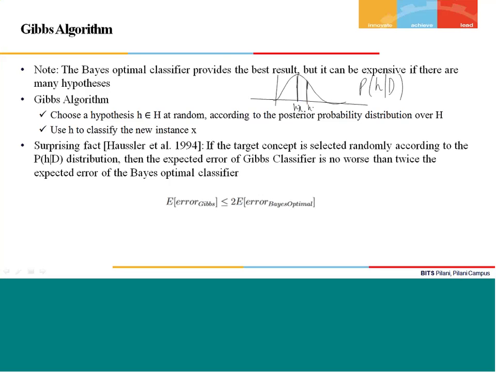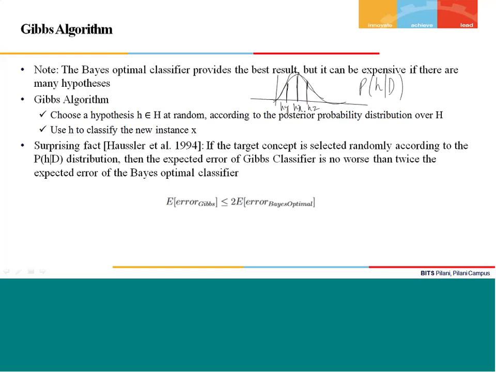This is again less likely, this is HZ, and this is, let's say, HY. I have drawn it similar to a normal distribution, but it could be any type of distribution. Because we generally discuss normal distribution, that's why I'm considering it normal.